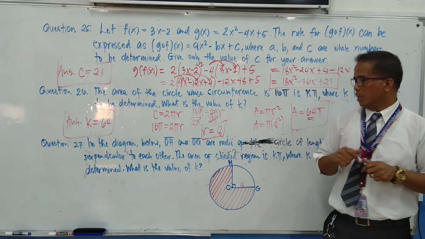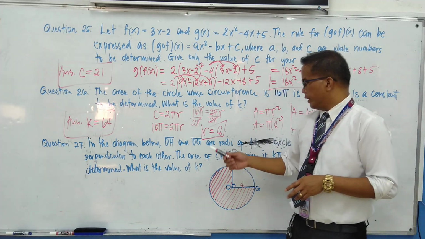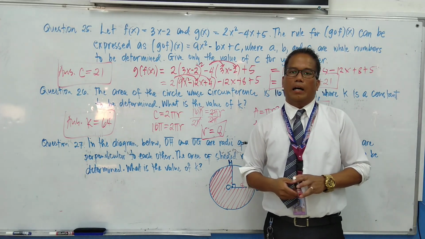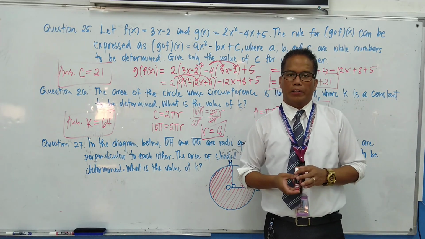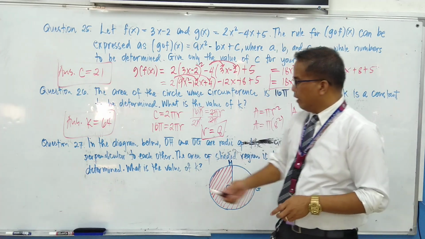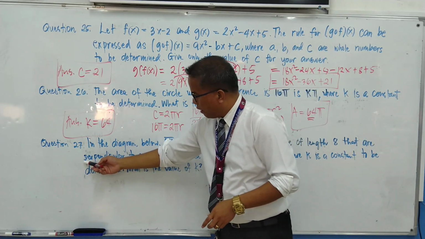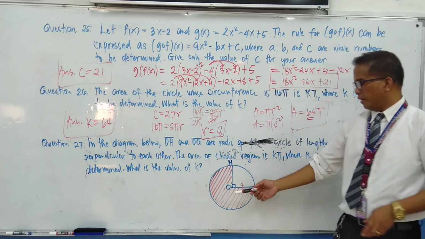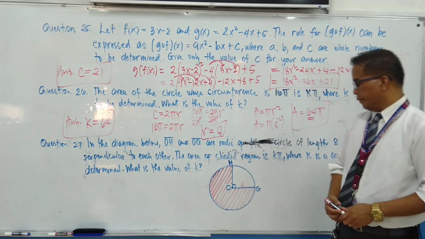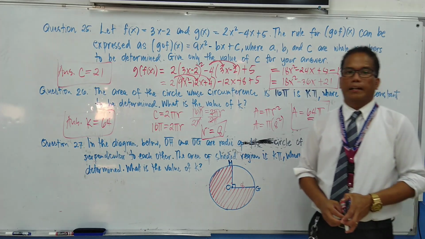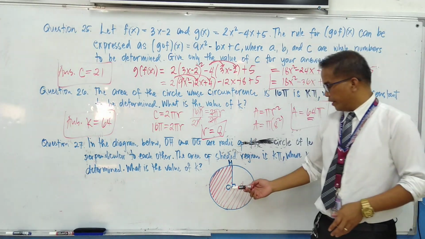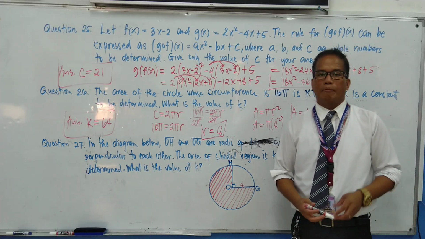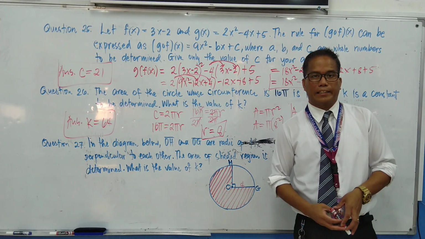Okay, so let us know first what is meant by radii. When we say radii, that is the plural form of radius. Then when we say perpendicular, the two segments OH and OG form a right angle. That is the reason why we have here a symbol for right angle. So meaning the measurement is 90 degrees.